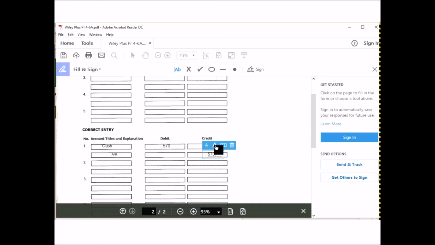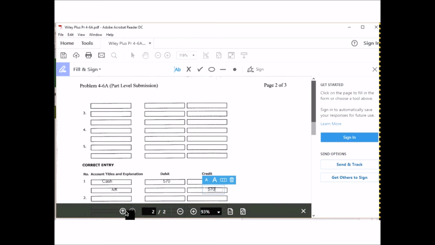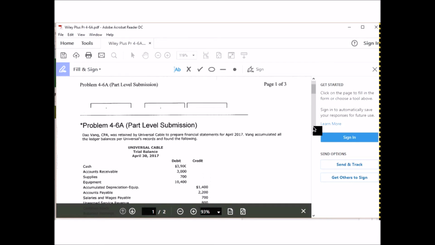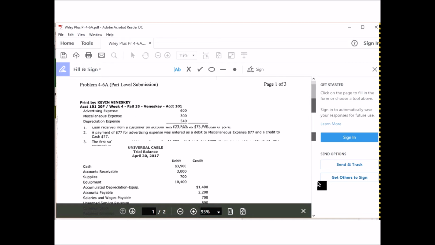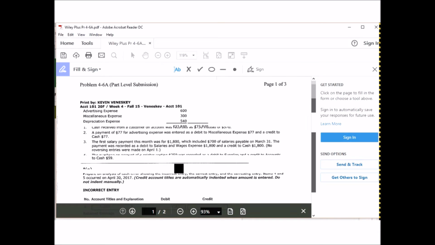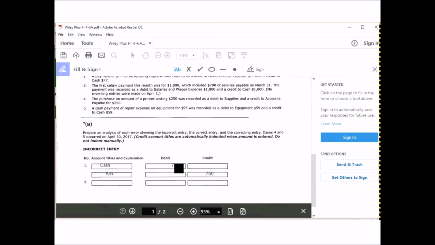Now, if I'm doing T accounts, this is where I want to have my T accounts going. I want to show in my cash T account a debit of $750. And I want to show a credit of $750 to my AR.